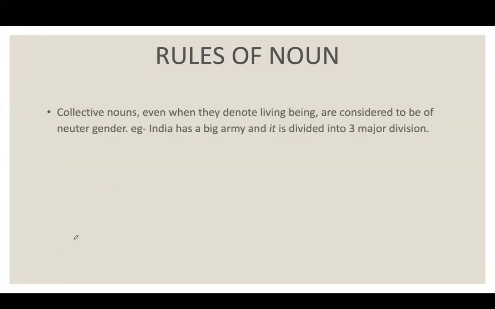Moving on to the next one. Collective nouns are neuter gender. Collective nouns, even when they denote living beings, are considered to be neuter in gender. For example, India has a big army and it is divided into three major divisions. I can also give you an example.